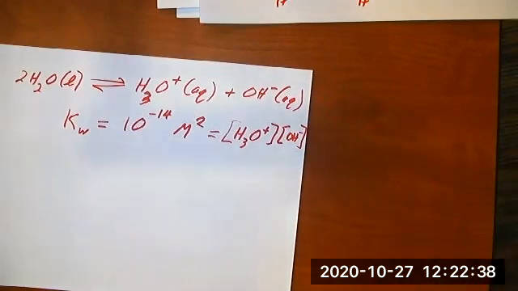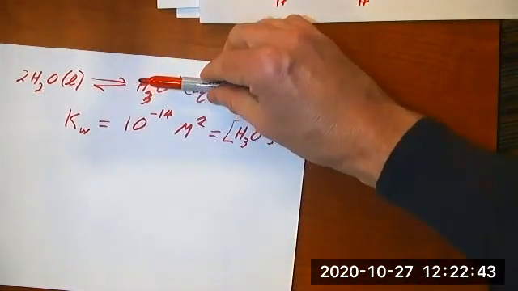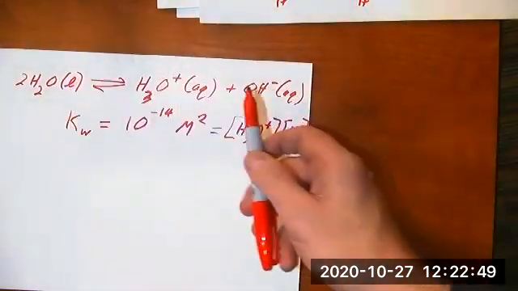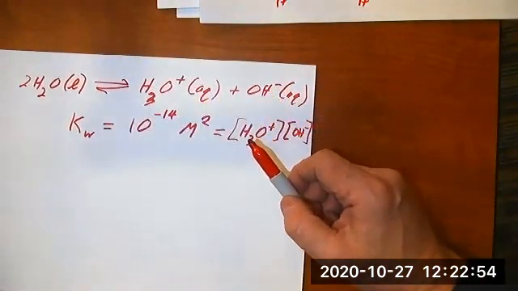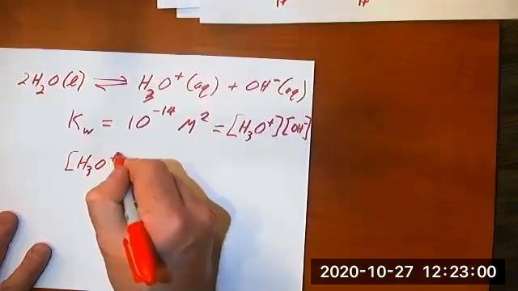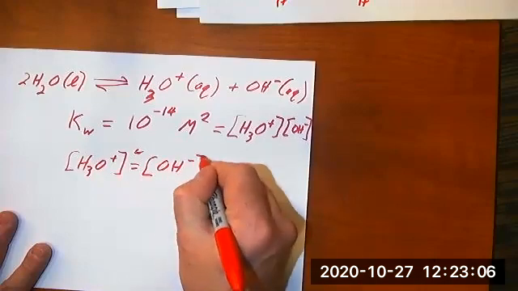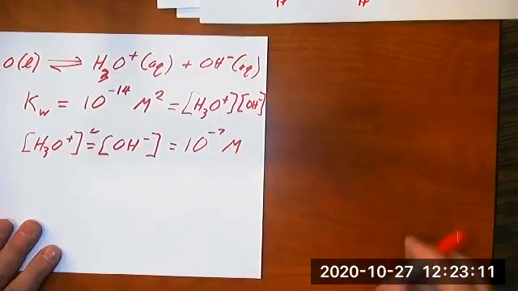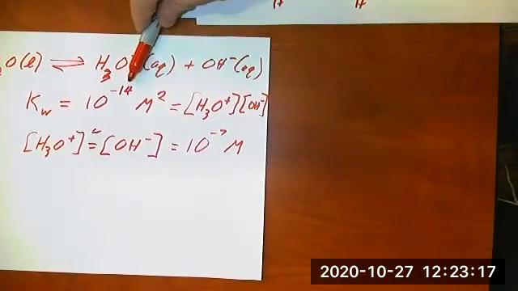And if we imagine starting this reaction, think about an ice table, without any hydronium or hydroxide, then because of the reaction stoichiometry, you are going to get equal amounts of hydronium and hydroxide, which means that in neutral water, our hydronium ion concentration and our hydroxide ion concentration will be equal, and they will be equal to 10 to the minus 7th molar. Because 10 to the minus 7th molar times 10 to the minus 7th molar is 10 to the minus 14th molar squared.